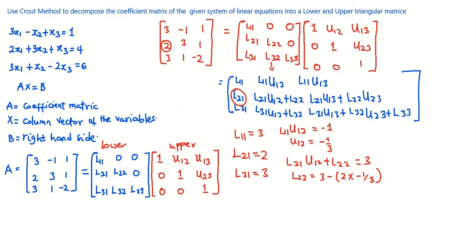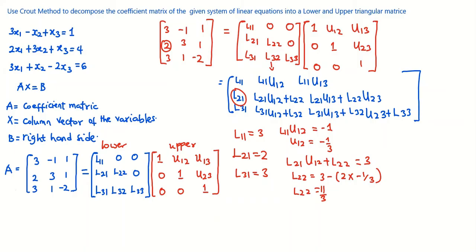Let's simplify this and see what we get for L22. So you're going to have 3 minus 2 times minus 1 over 3. That will give us a value of 11 over 3. So we have L22 to be 11 over 3.